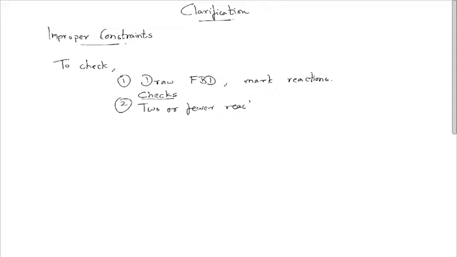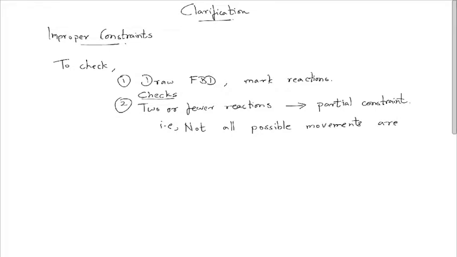reactions. And if that were the case, you would have what we call partial constraint. What this means is that not all the possible movements are restricted.